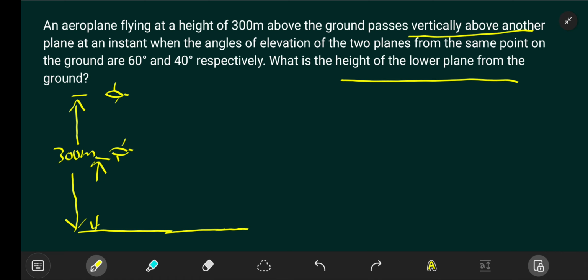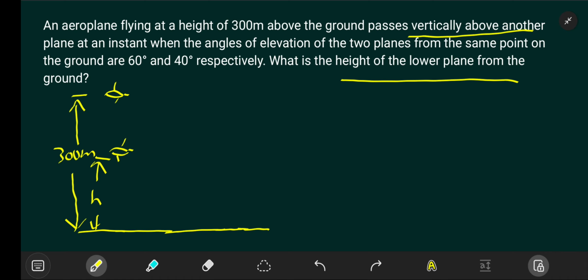So this lower plane height is h. Now what they are saying, from the same point on the ground, at some instant, the angles of elevation of the two planes are given.